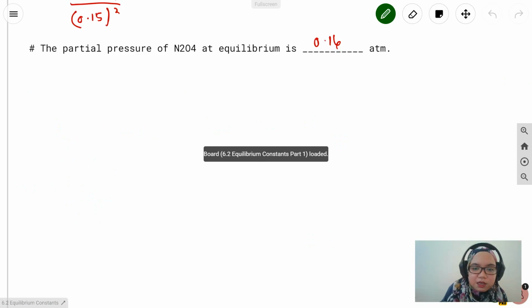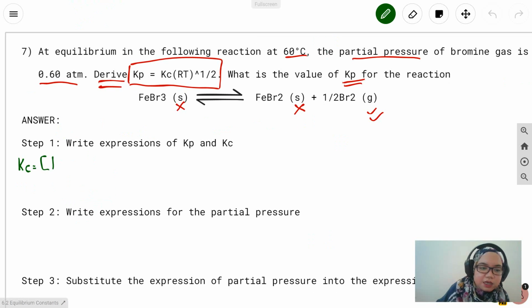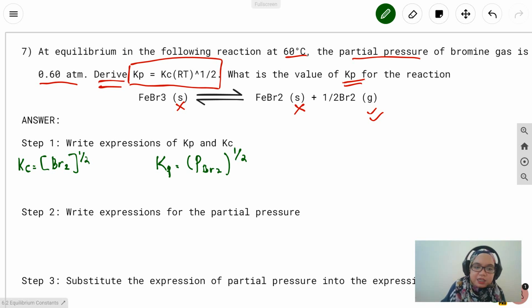Okay? Concentration of Br2 to the power of 1 over 2. And for Kp is equal to the partial pressure of Br2 to the power of 1 over 2. So we have Kc and Kp now.